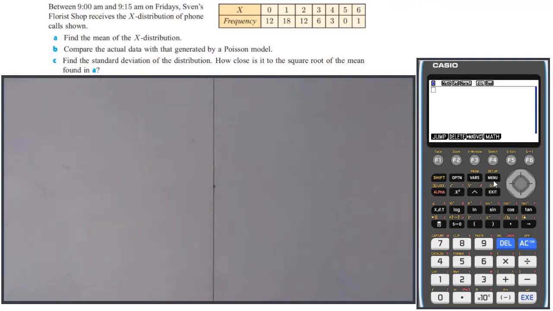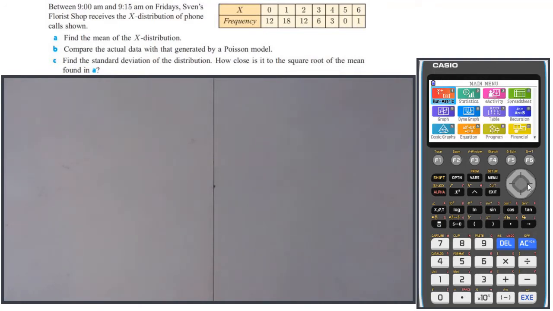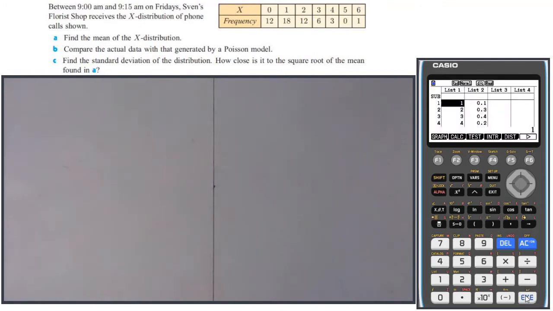If we go onto the calculator statistics mode, if you've got old lists in there, we need to get rid of them. So we need 0, 1, 2, 3, 4, 5 and 6.